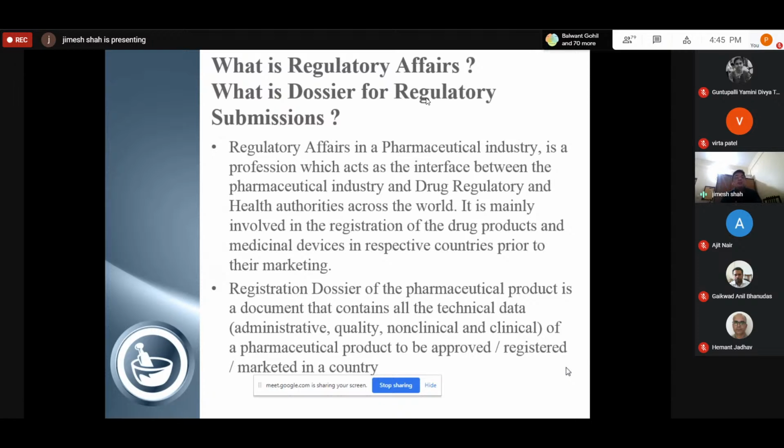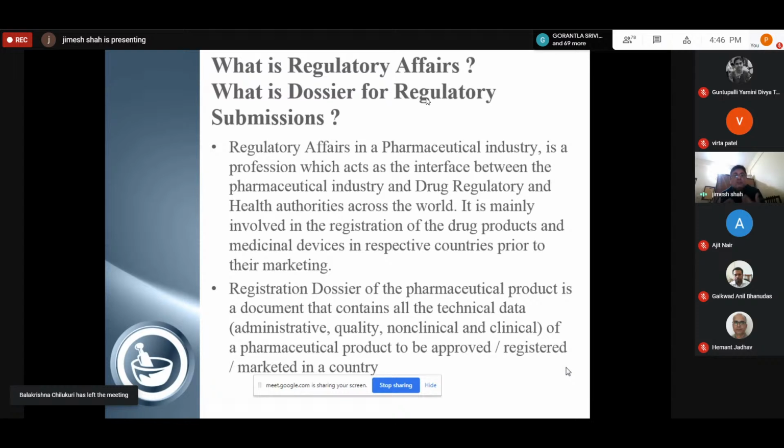Now, this is the main question: what is regulatory affairs, and what is the dossier for regulatory submission? Everyone knows regulatory affairs, the dossiers and the requirements, but what exactly does regulatory affairs mean? It is a profession which acts as an interface between the pharmaceutical industry and the drug regulatory authorities across the world, and it is mainly involved in the registration of drug products and devices in the respective country prior to marketing.